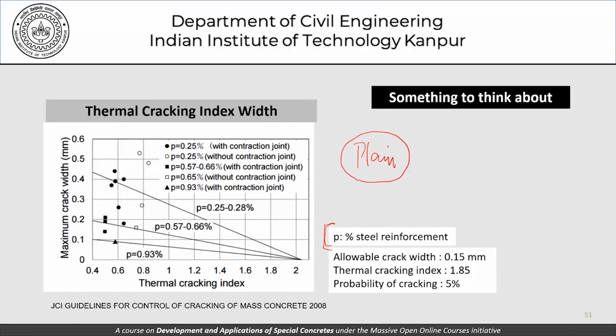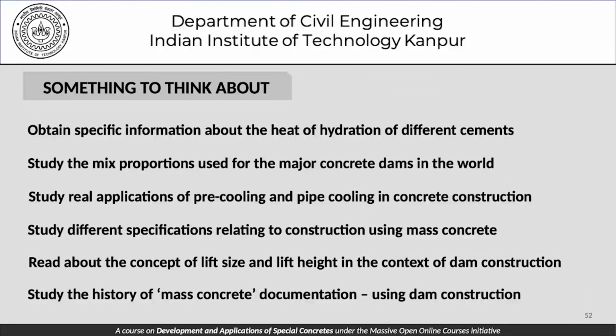This is something which I'm leaving to you to think about. Look at literature. The JCI guidelines talk extensively about this. Read that for those of you who are interested. Other things to think about from today's discussion: obtain specific information about the heat of hydration of different cements, study the mixed proportions used for major concrete dams in the world, try to study real examples of pre-cooling and pipe cooling or post-cooling applications in concrete construction.